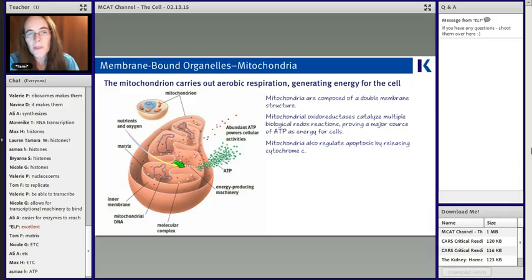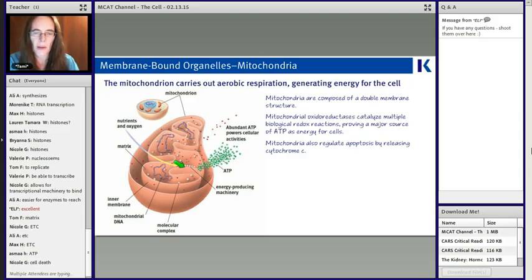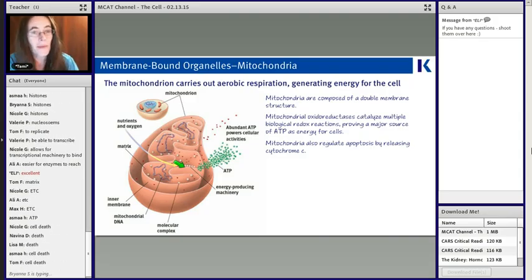But cytochrome C and calcium, okay, so it's not just cytochrome C, but it's cytochrome C from the electron transport chain and calcium, can be released to cause apoptosis. So what does apoptosis mean? If I say we're going to cause apoptosis. Yeah, that's that part of that programmed cell death within a cell. Perfect. You guys got it.